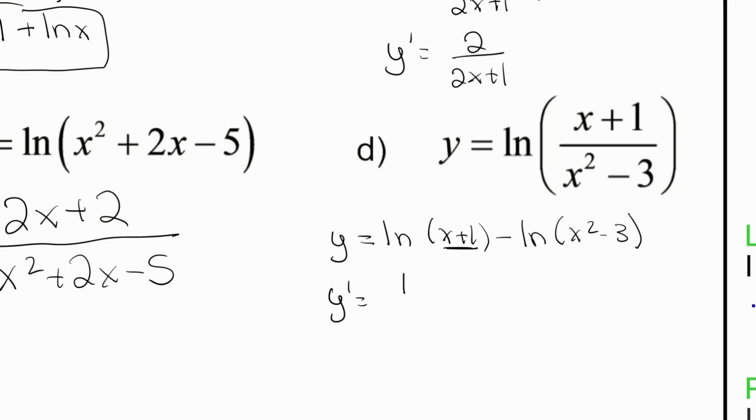The derivative of x plus 1 is just 1, all over the original function, x plus 1, minus, same thing, derivative of the inside. So x squared minus 3, the derivative of that is just 2x, all over the original x squared minus 3. So that's the derivative.